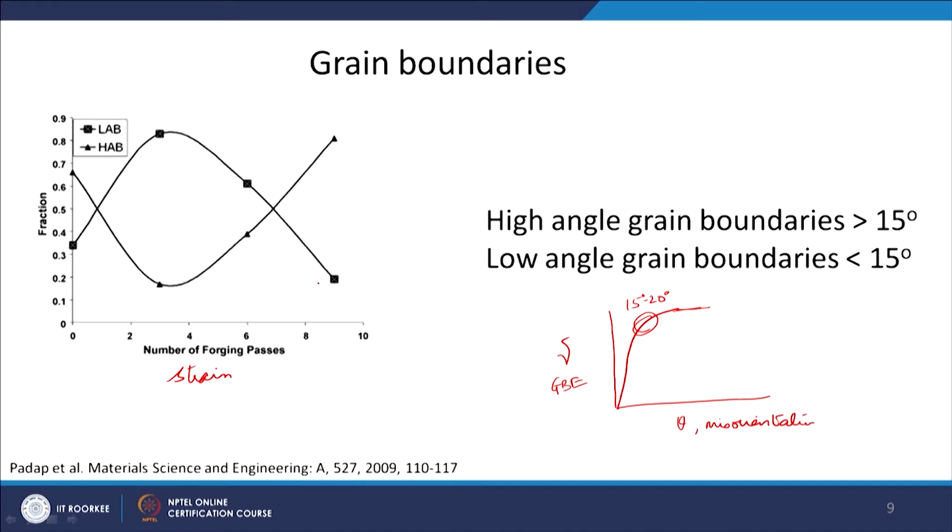So, the idea is that grain size and grain boundary character change during the deformation process. Bigger grains subdivide into smaller grains. A lot of changes take place during the hot deformation process, and it makes microstructural characterization a very interesting way to understand how the microstructure is evolving during hot deformation.